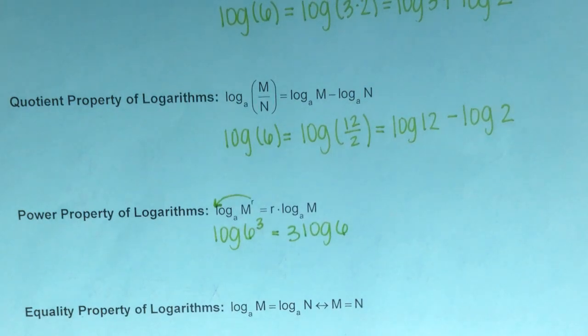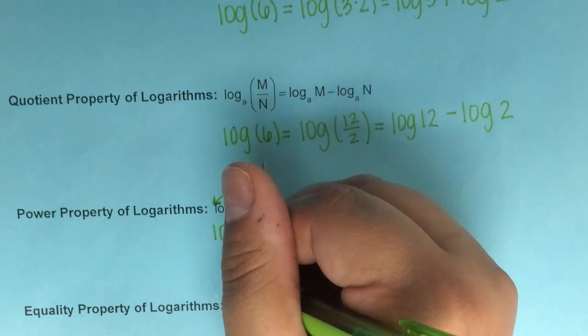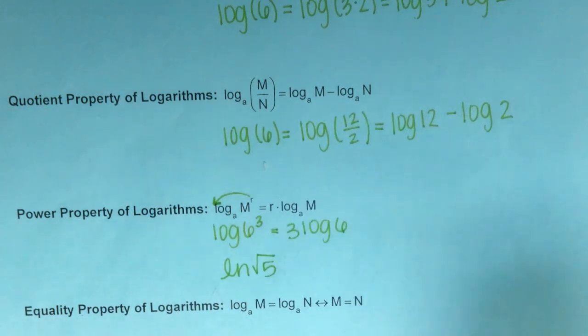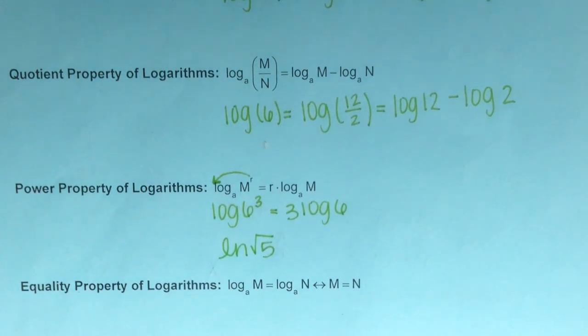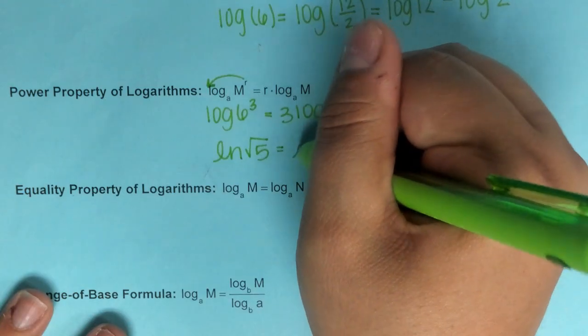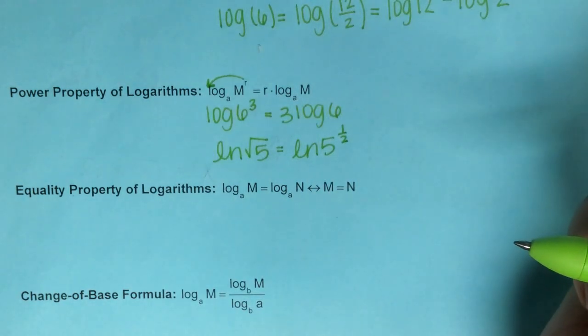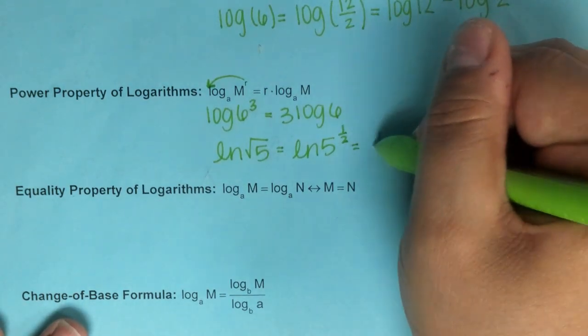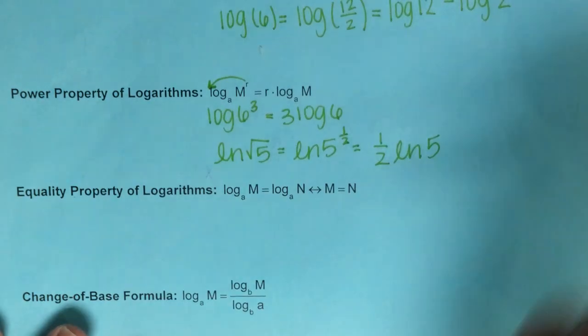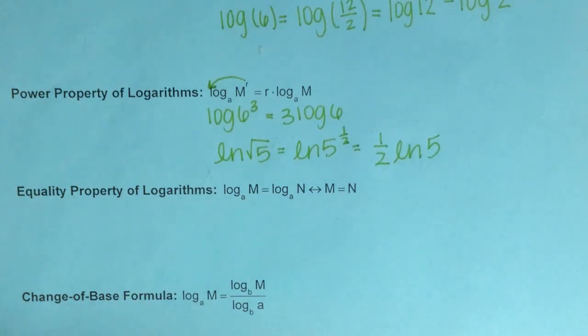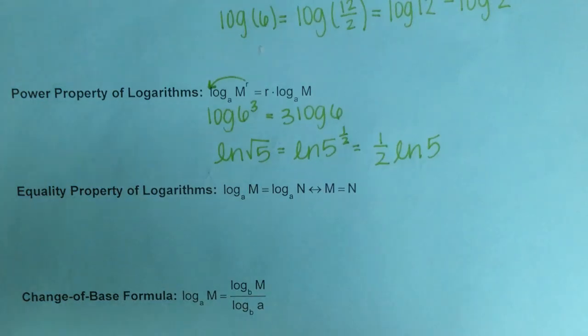Just move that exponent out front. What if I have the natural log of the square root of 5? Do y'all agree that's the natural log of 5 to the 1/2? And what can I do with that 1/2? Does that make sense? So if I ever ask you to expand it out, you should never have any exponents. You always move them to the front. Okay?